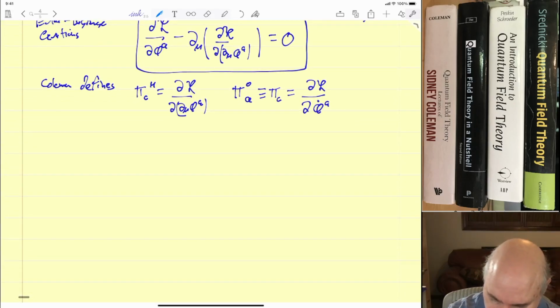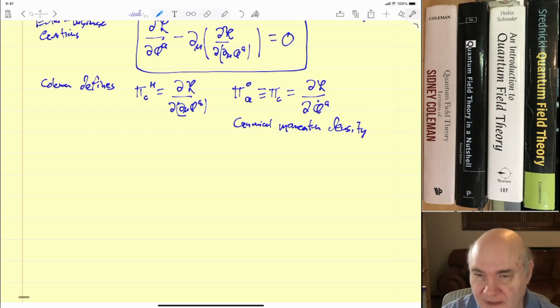This is called the canonical momentum density. But again, remember that a lot of times they'll just say the canonical momentum.